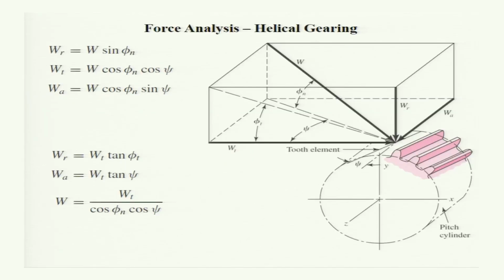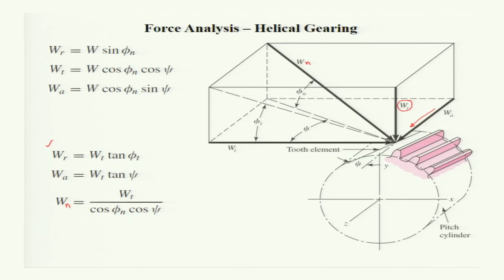So those forces we studied in our previous class, and the forces are given by Wr, which radially acts on a gear tooth, Wa, which acts in the direction of axis, and W is the normal force Wn, which acts in a plane.